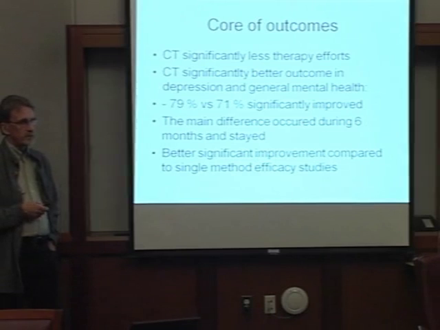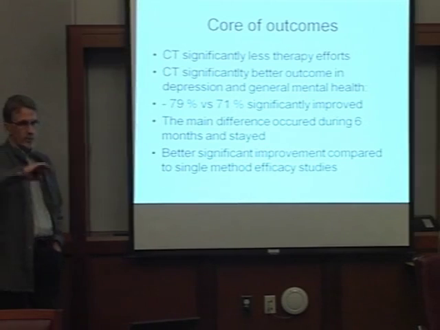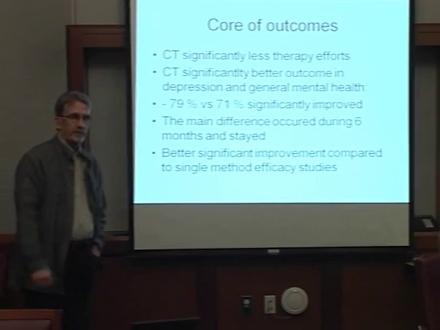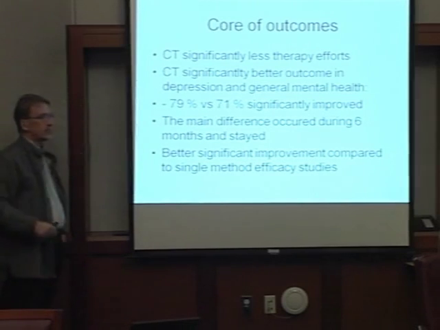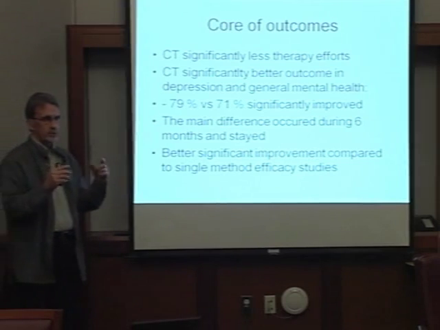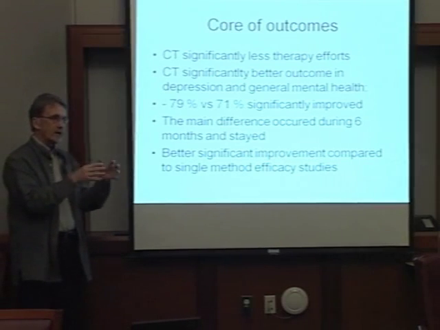This is very surprising information, because in single-method efficacy studies the recovery rate is most often between 50 and 60, and in psychotherapy research nowadays we use a clinically significant change, no longer a statistically significant change.